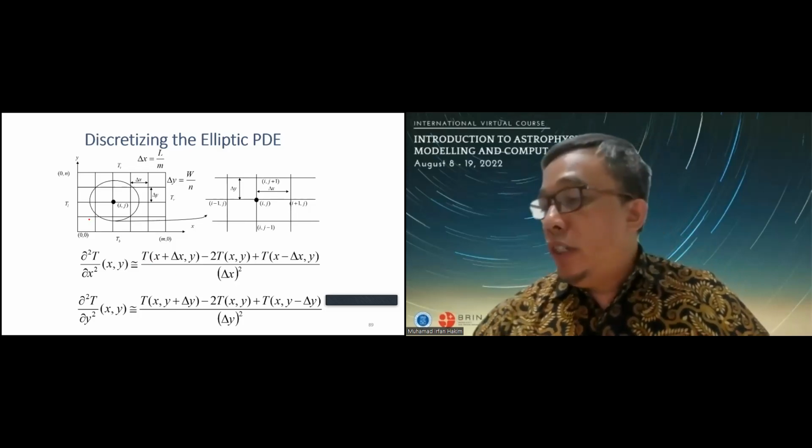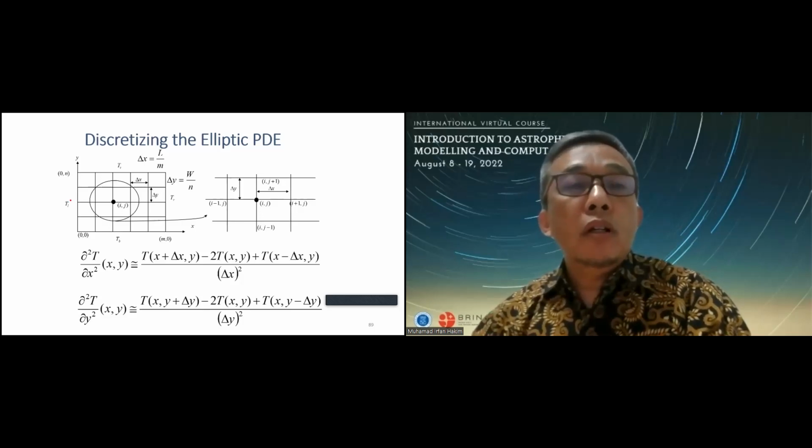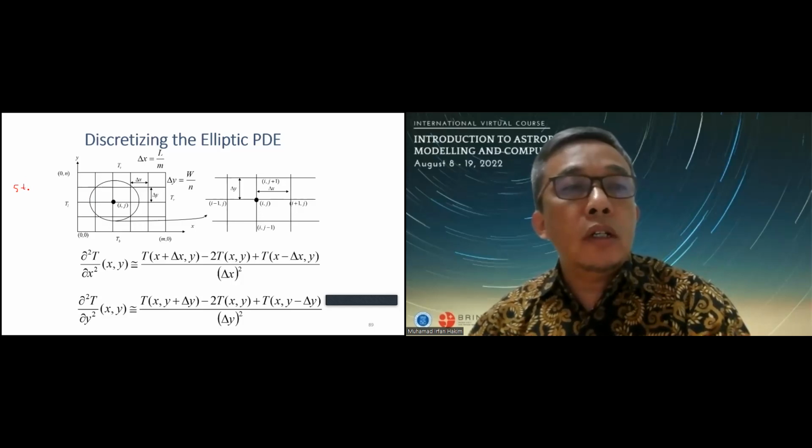And we see a two-dimensional mesh. Now you know that this is a structured mesh.